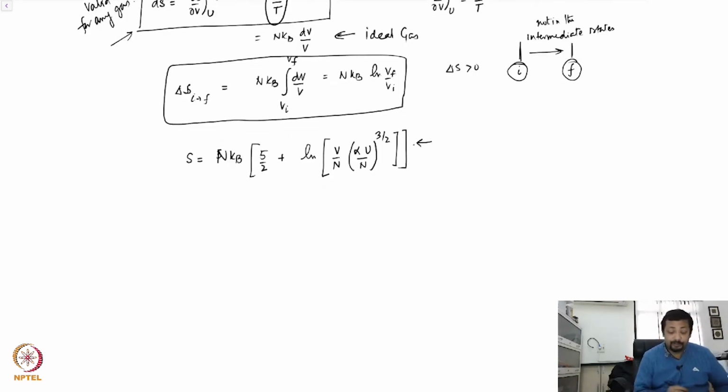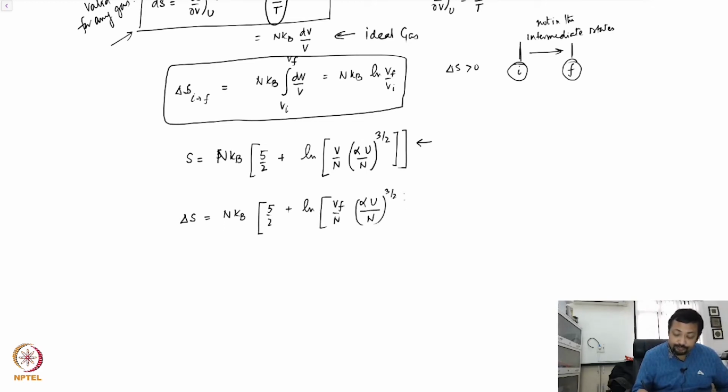If you look at this, let's just first calculate delta S, which is the easiest thing to do. Then delta S is NKB times 5 by 2 plus ln of Vf over N, alpha U over N raised to the power 3 half, minus NKB times 5 by 2 plus ln of Vi over N, alpha U over N raised to the power 3 half.